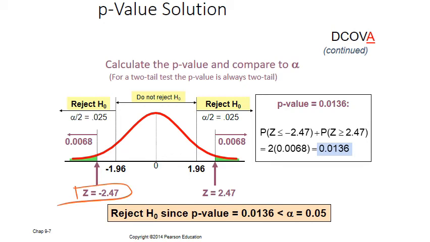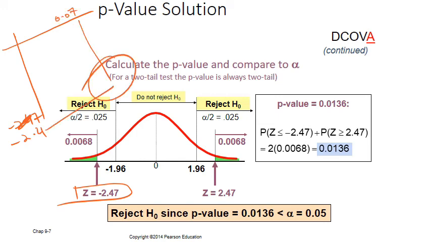So in the z table you will see corresponding to minus 2.4, and here you will see 0.07, and that would be your 0.0068. Since it is alpha by 2, you will add this one and this one. That would be your p-value in case of z-test, as we already did before.